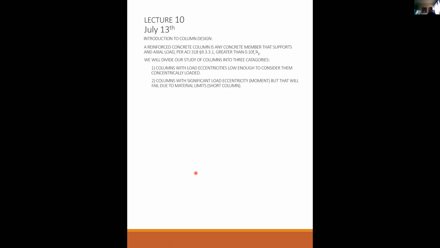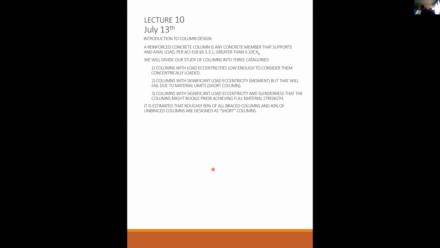So this is a column that has an axial load and a moment, but it's too short to buckle, so it's going to fail when the materials fail. And lastly, columns with significant load eccentricity and slenderness, such that the columns might buckle prior to achieving the full material strength of the column.